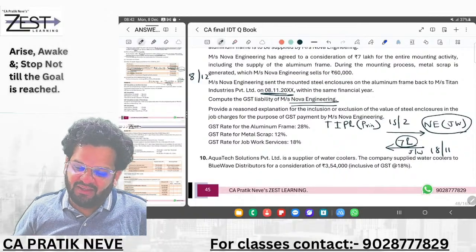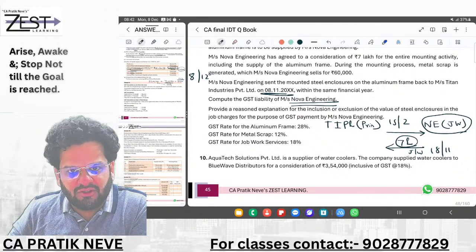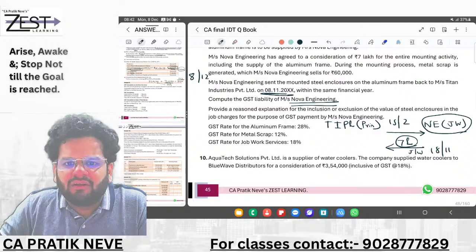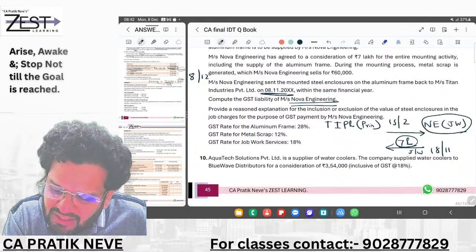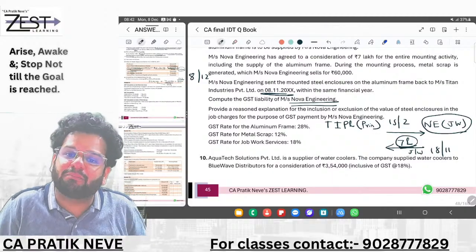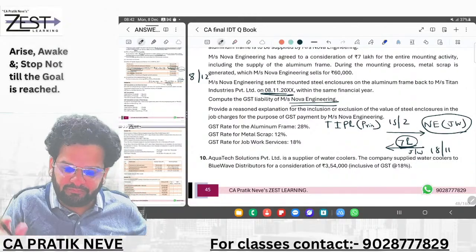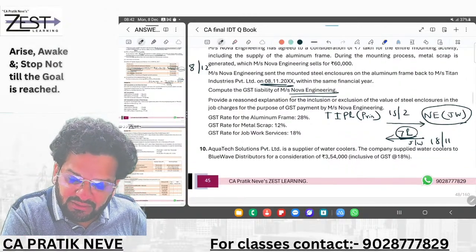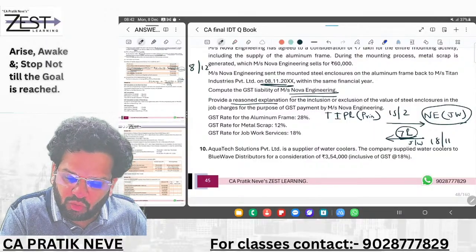Even if the job worker uses some goods to do his job work, obviously its value is deemed to be included in this 7 lakh. And supply of job work is treated as supply of service, even if he is using some goods in that. That's what we have to explain.